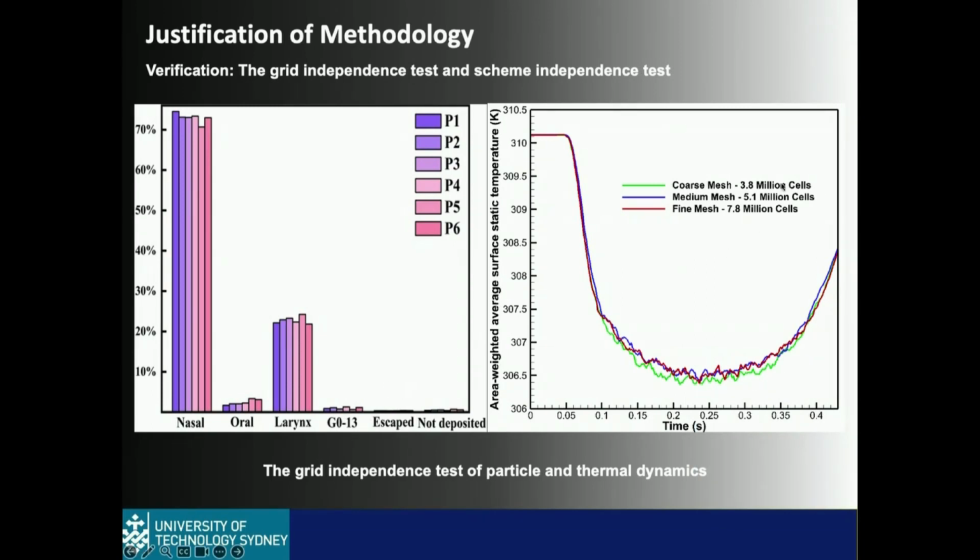So this is for 3.8 million cells, which we still call coarse mesh, and the medium mesh is 5.1 million cells, and the fine mesh is 7.8 million cells. So this is the way we also compared our results. What is the y-axis here? Y-axis is the deposition fraction.